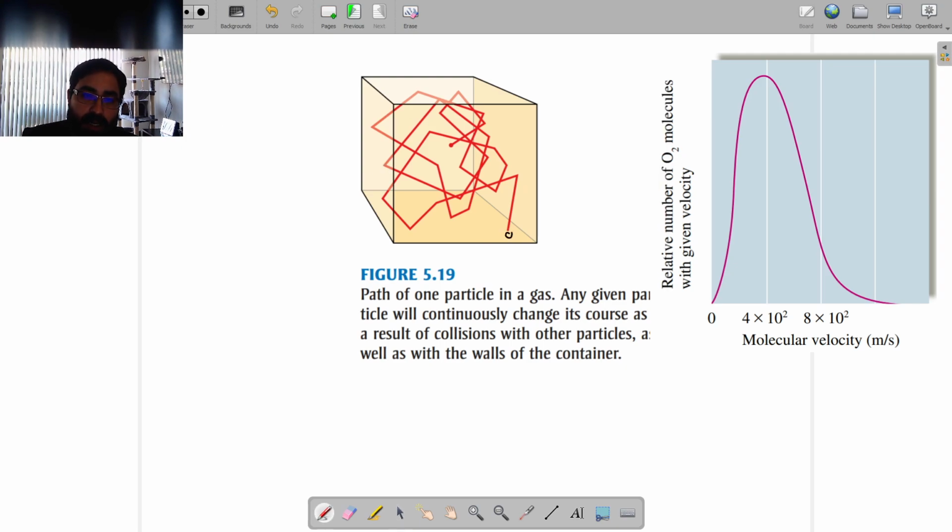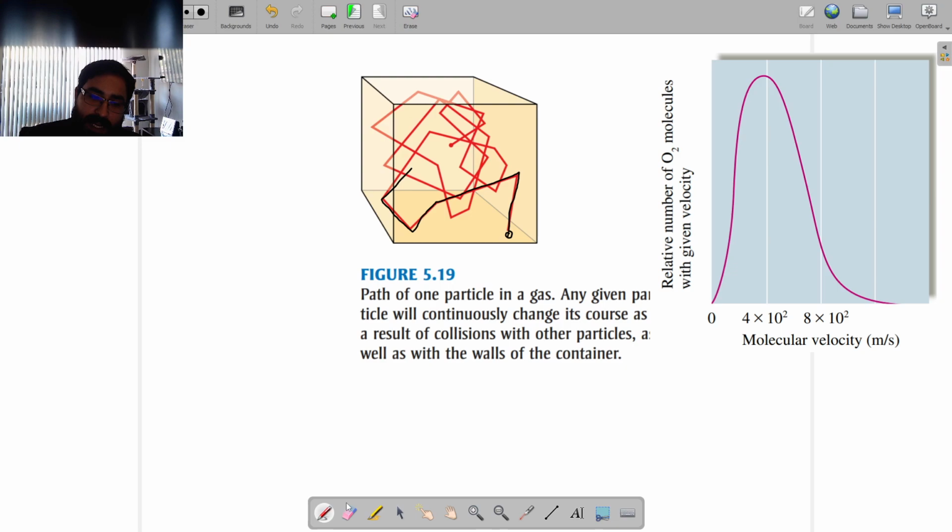Imagine it started here, goes straight, crashes into the wall, crashes into something, launches here, bounces there, and it just kind of bounces off and moves throughout this whole thing. It would be completely incorrect to say that the particle stays the same throughout the whole time.